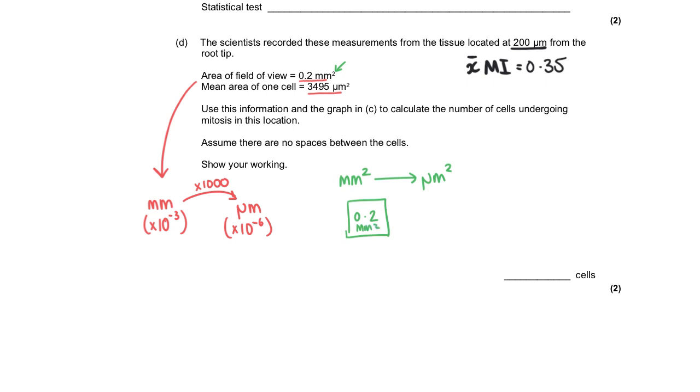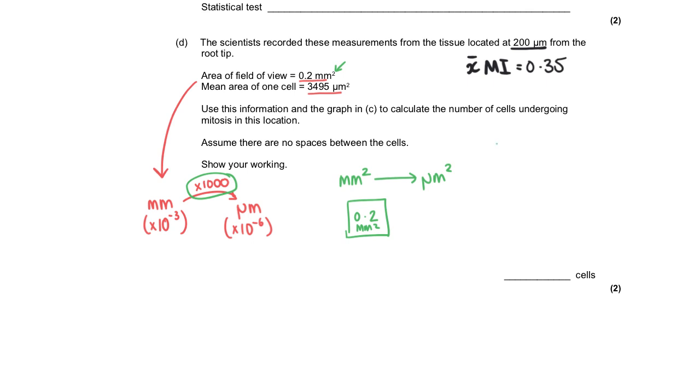If I want to change my units, I have to scale my values by a factor of 1,000, or 10 to the 3, in both the x and the y direction.